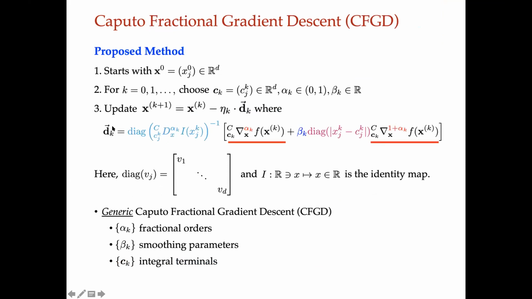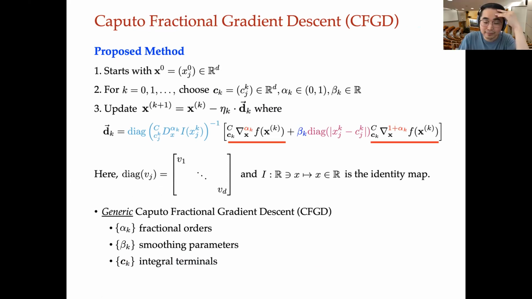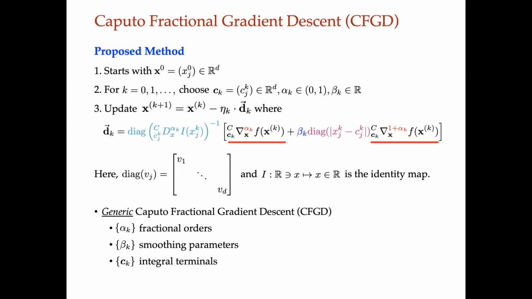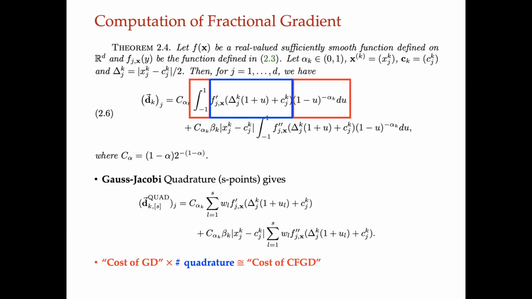Okay, so I see that, for example, in the gradient that you have, it goes from c sub k to x, right? So then in the integral of the fractional Caputo that you have, the bounds of the integral should be from c_k to x, right? But do you do a mapping from your domain into -1 to 1?